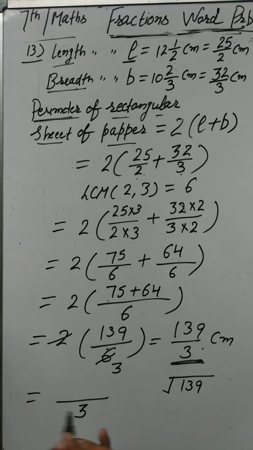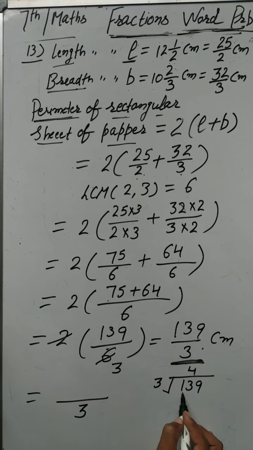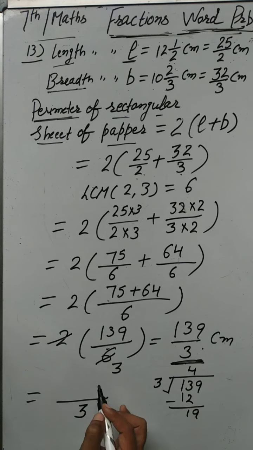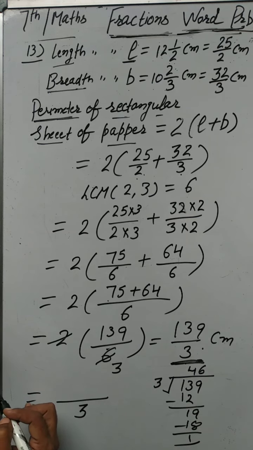Denominator is here 3. Now come to the division. When you divide 139 by 3, 3 4s are 12. 13 minus 12 is 1 and 9. Now 3 6s are 18 and my remainder is 1 here.